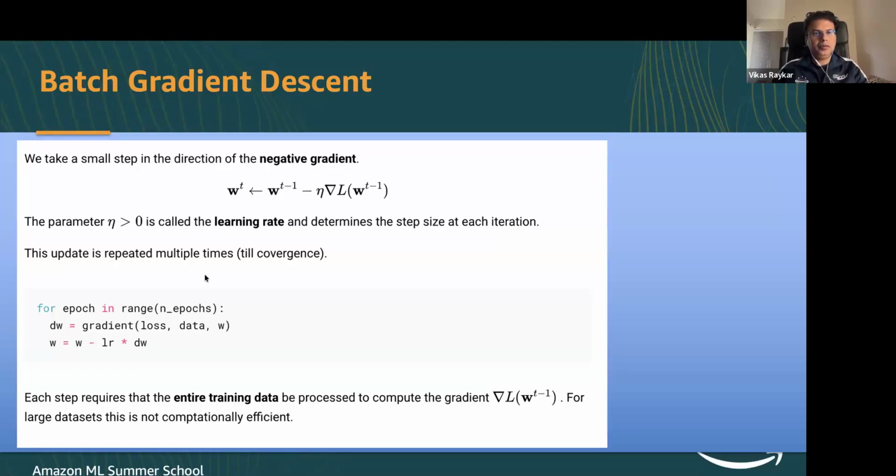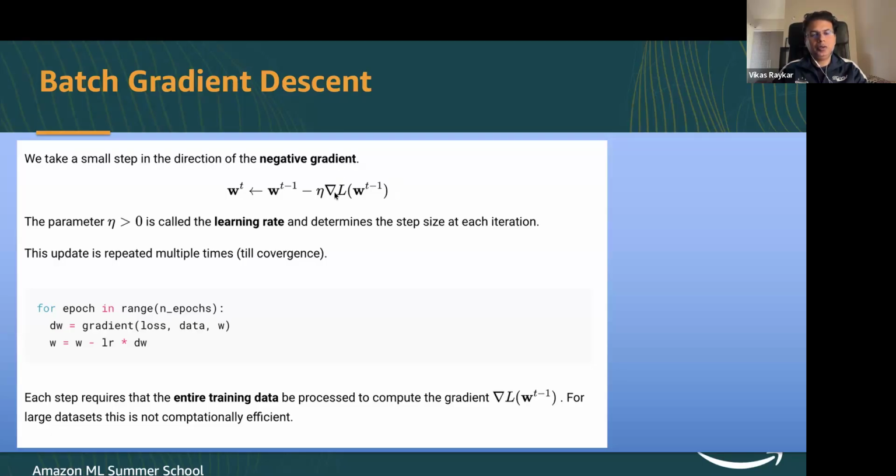The core idea of gradient descent is that you iteratively update your parameters. You start off with some point Wt, where Wt minus 1 is your previous vector, and you take a small step in the direction of the negative gradient. Let's say I am standing right now at Wt minus 1.